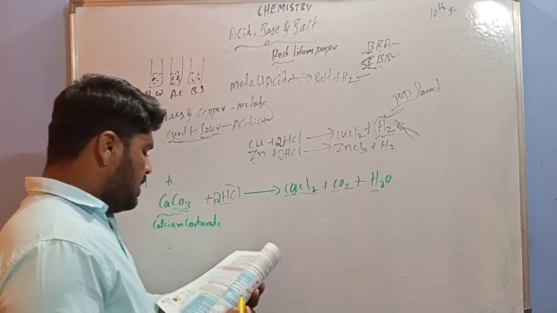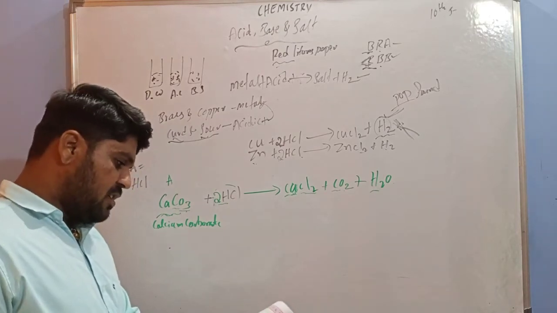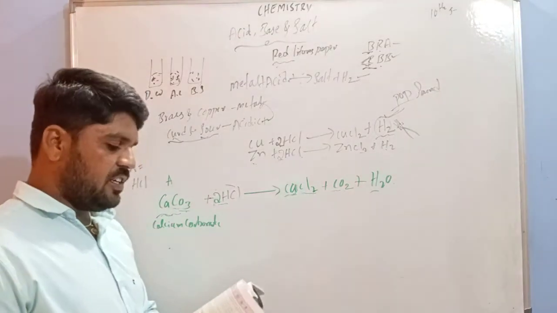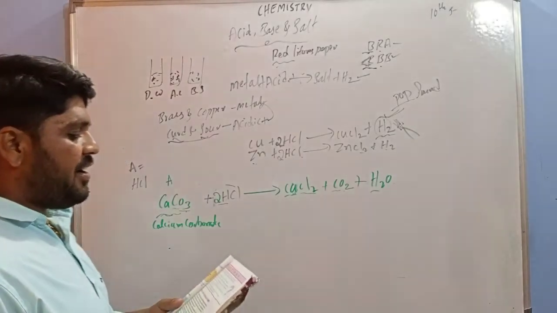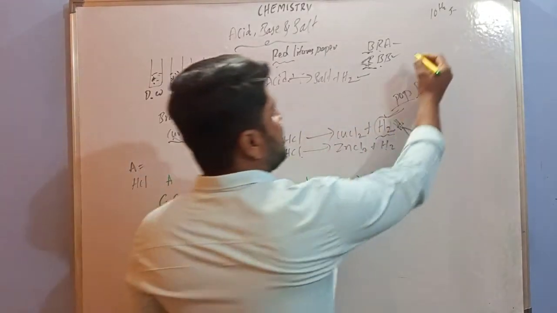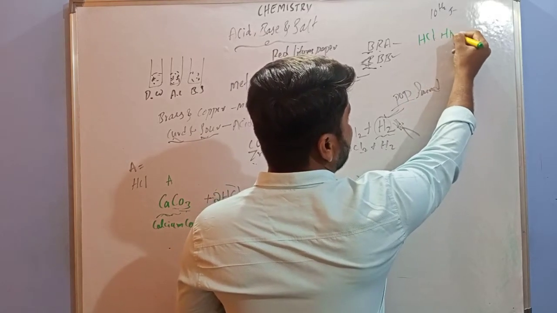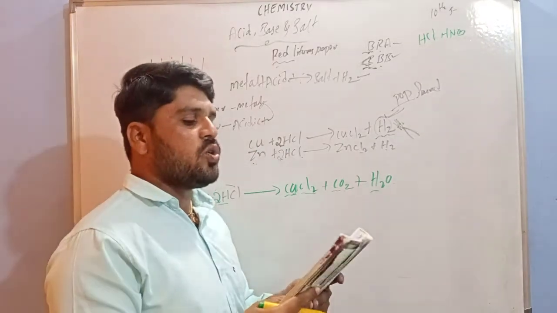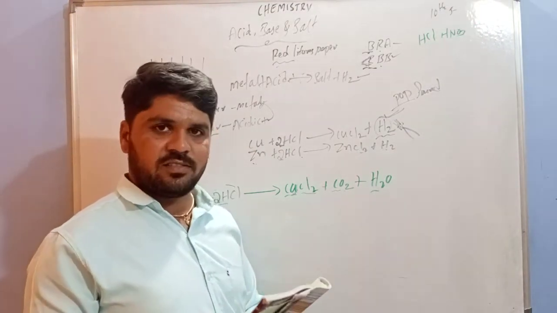Okay? So next, move on to page number 25. In that, the first question: why do HCl and HNO3 show acidic character in aqueous solutions?